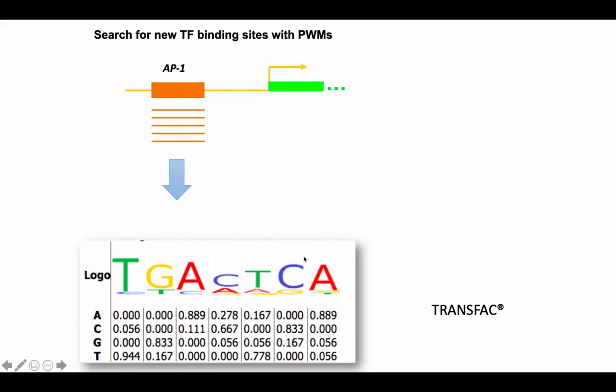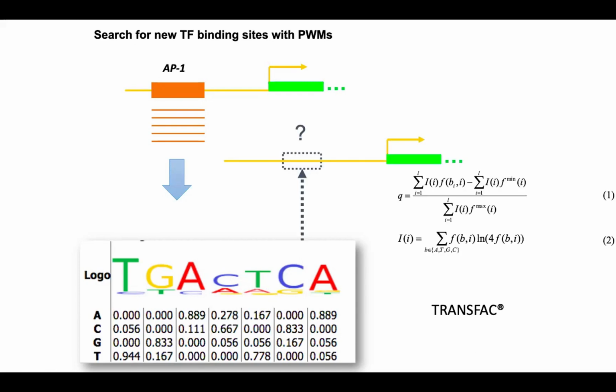So this positional weight matrix is, as I said, a model which is then used to predict new sites. Why do we need to predict new sites?